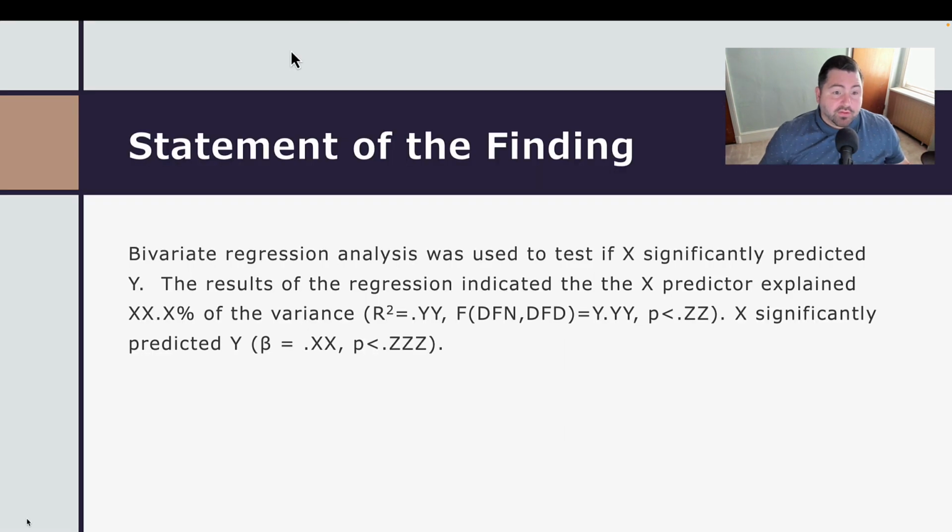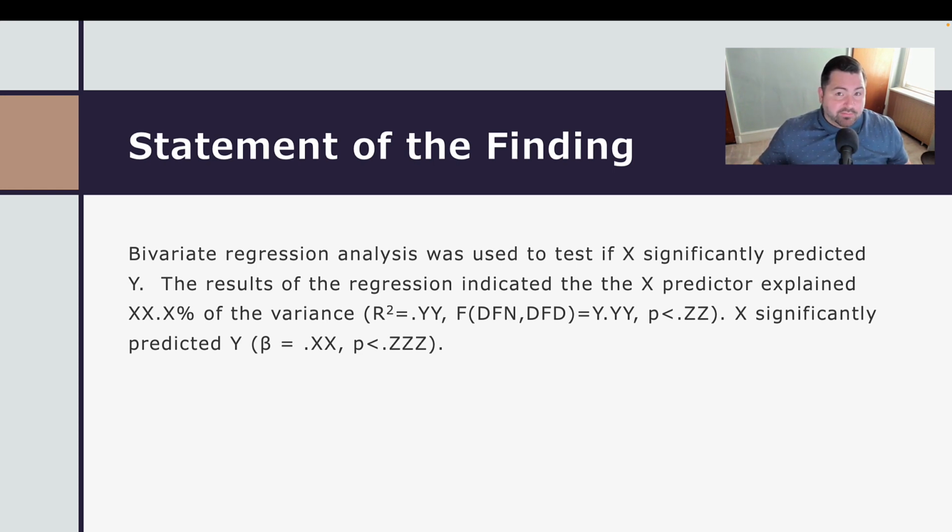So then to walk through our statement of the finding, right, we would state that bivariate regression analysis was used to test if X significantly predicted Y. The results of the regression indicated that the X predictor explained a certain percentage, whatever that percentage may be, of the variance in Y. Provide your R squared, your F statistic, and your degrees of freedom for the numerator and your denominator with the p-value.